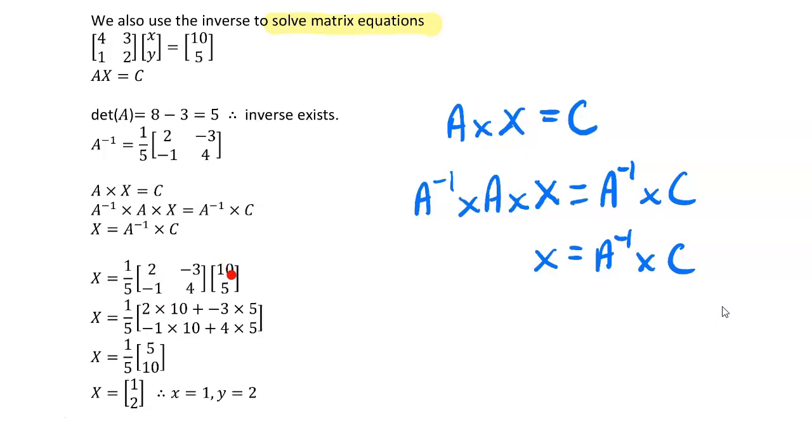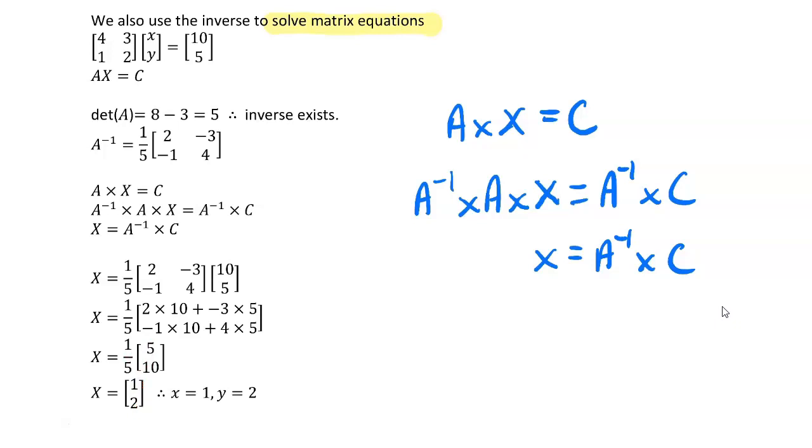So 2 times 10 plus negative 3 times 5 to give me the first row, first column element. Negative 1 times 10 plus 4 times 5 to give me the second row, first column element. So you can see I get 5, 10 there, and then I've timesed it by the fifth to come out with 1 and 2.